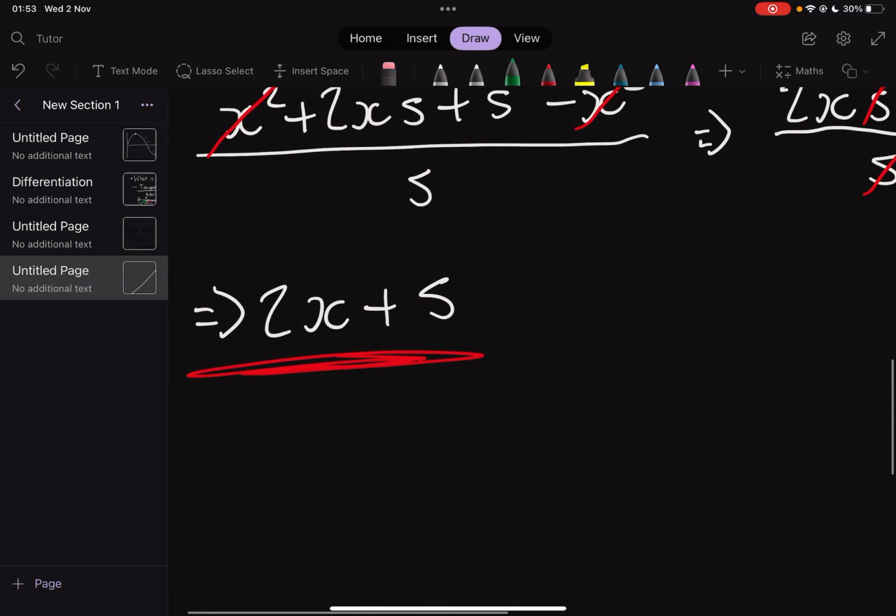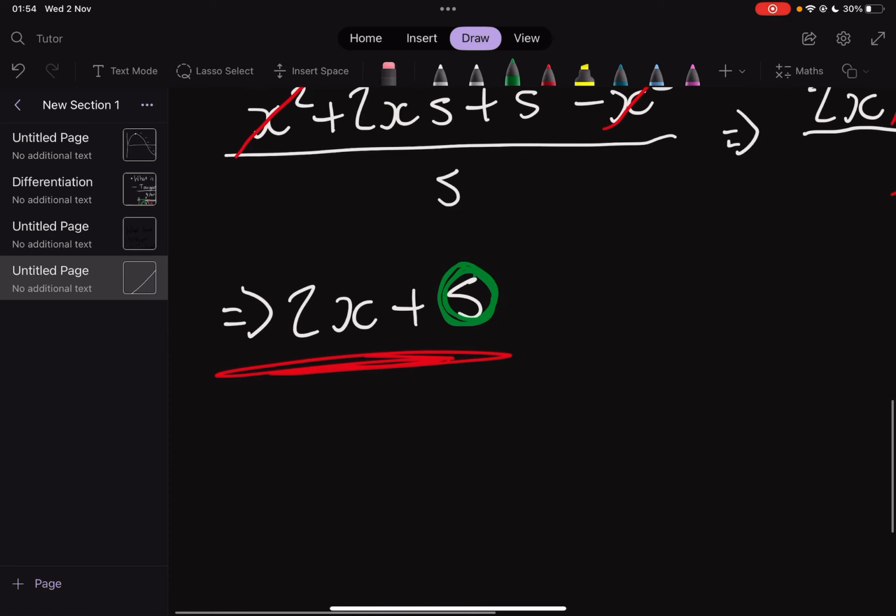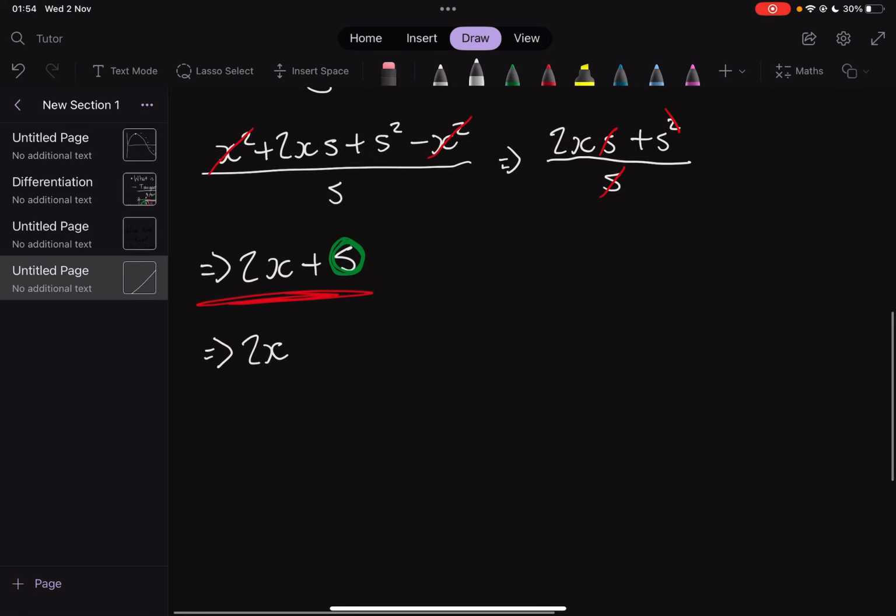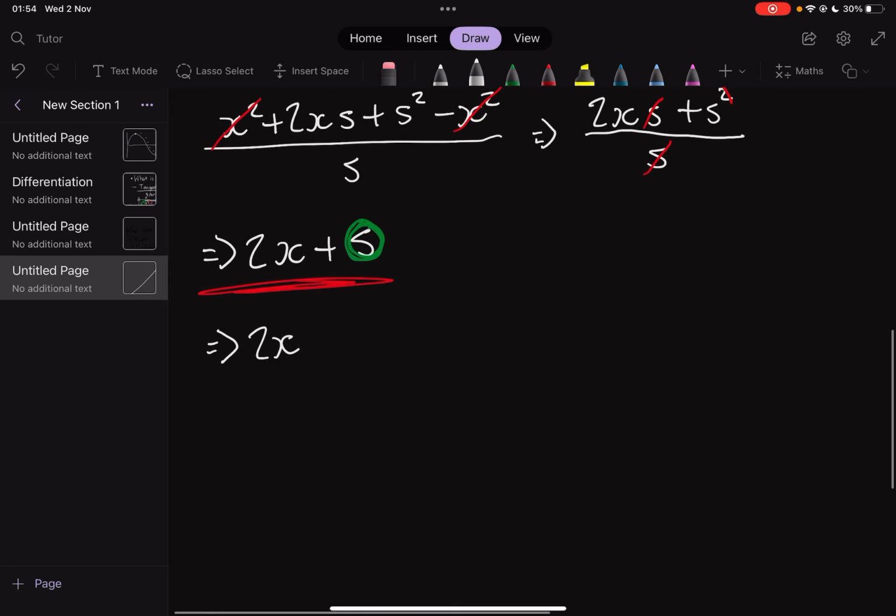So basically what we do here is that we just take this s and then we plug 0 into it. And what we're left with is 2x. And so now we can say that the derivative of x squared equals 2x by first principle.